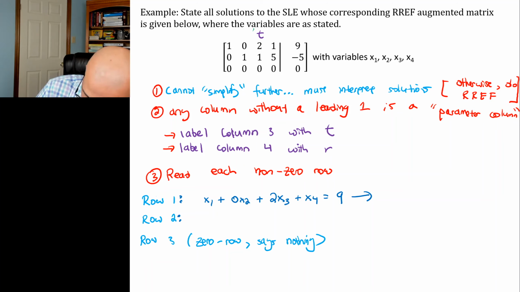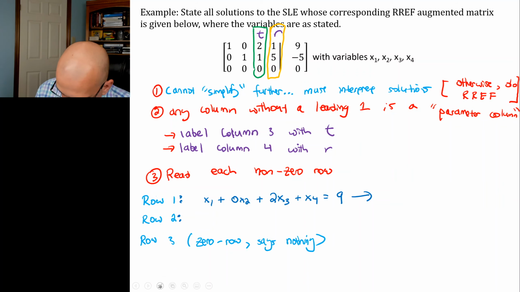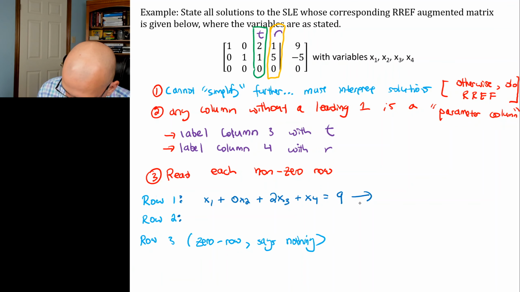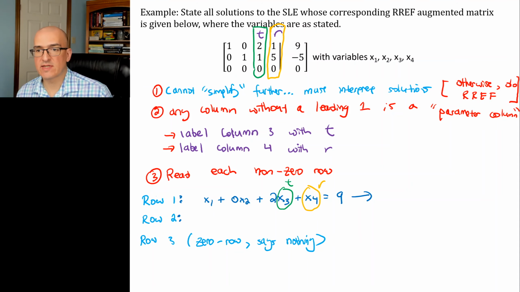Now, I forgot to label the R. When we label those columns, we're replacing the x3 with a T, we're replacing the x4 with an R. We're just saying we have complete freedom to pick any number we want for x3 and x4 for those two variables.